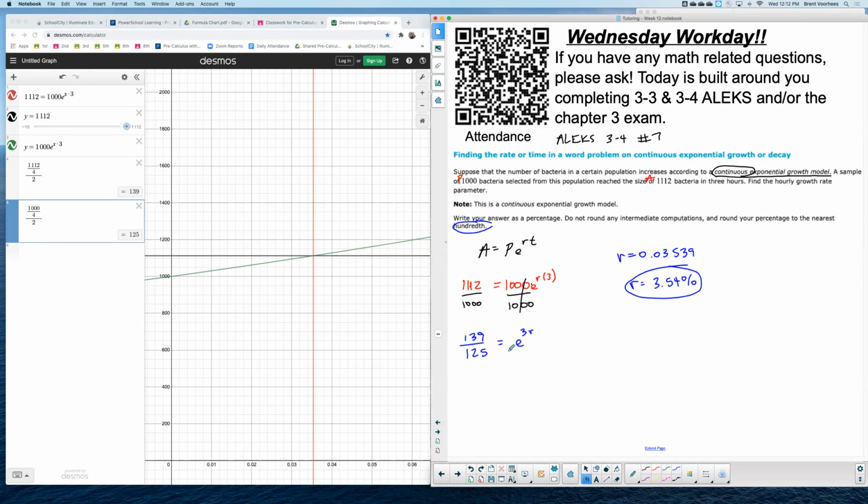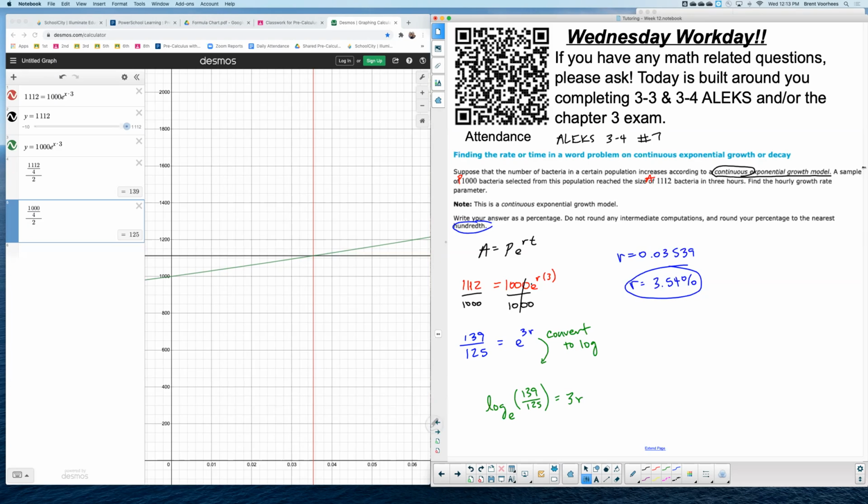And the way to solve an exponential is you convert it to a logarithm. So we're going to convert to a log. And so I'd have log, your base stays the same, but then these two switch. So it'd be log base e of 139 over 125 equals 3r.